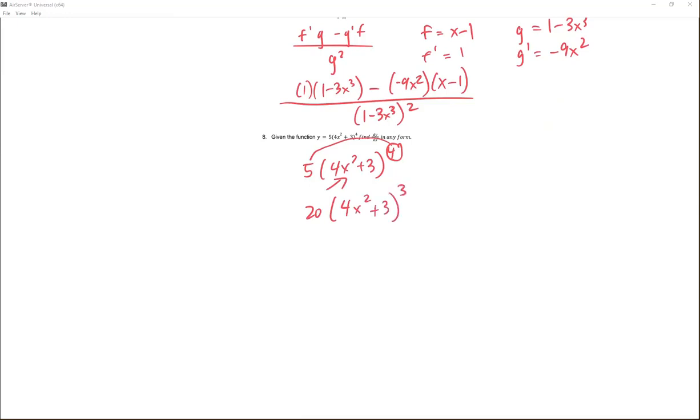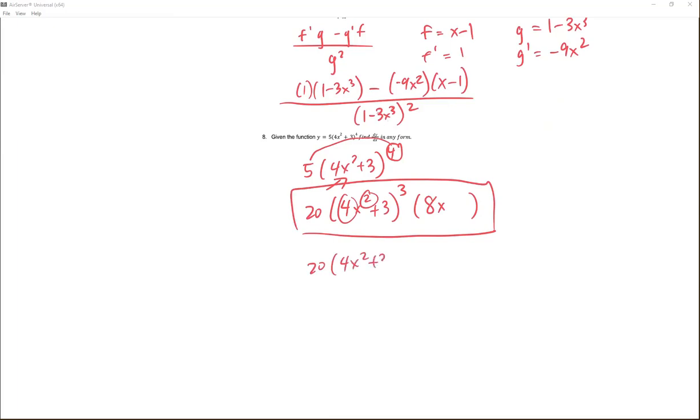And then multiply that by the derivative of the inside. So the inside is 2 times 4, which is 8x, and that is it. So the final answer is 20 times (4x squared plus 3) to the 3rd power times 8x. Just leave it like this. We don't need to do that.